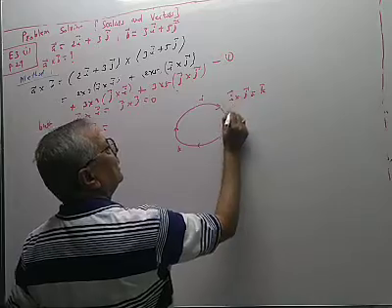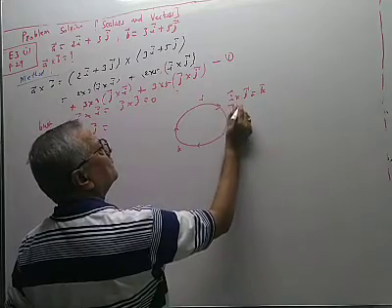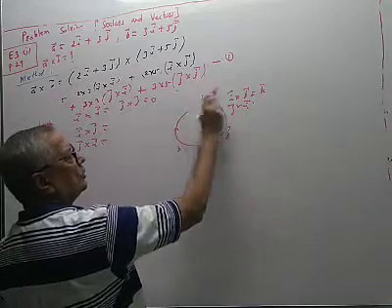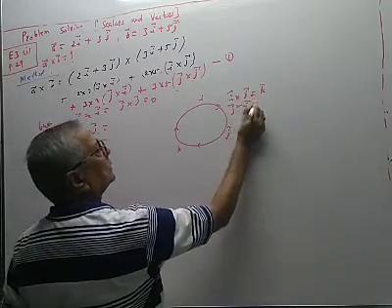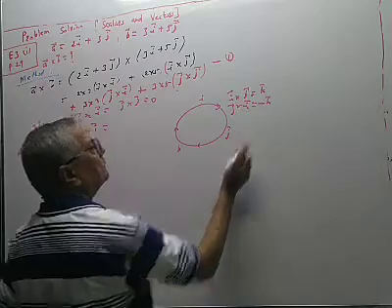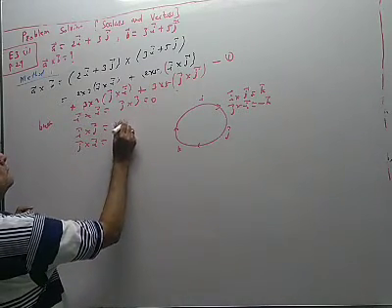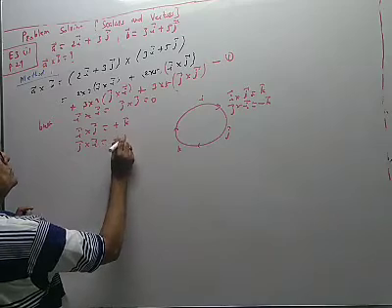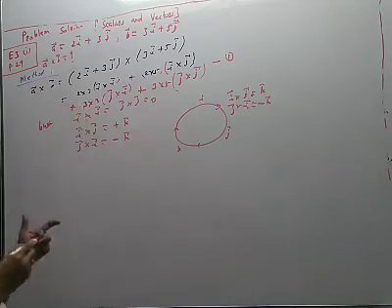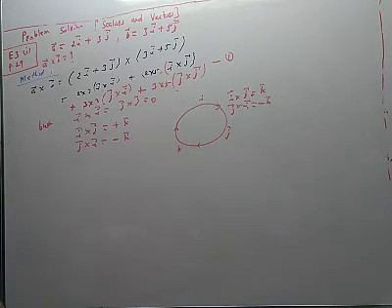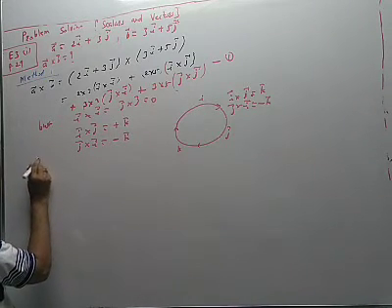This is plus. And j cross i, now we are moving in the opposite direction. Clockwise direction plus sign, opposite direction minus sign, minus k. So this will be plus k, this will be minus k.